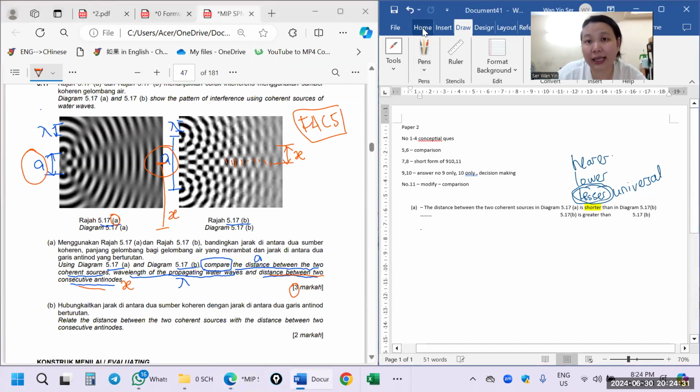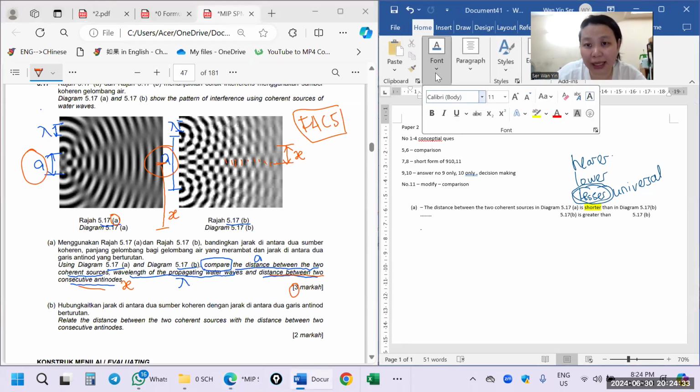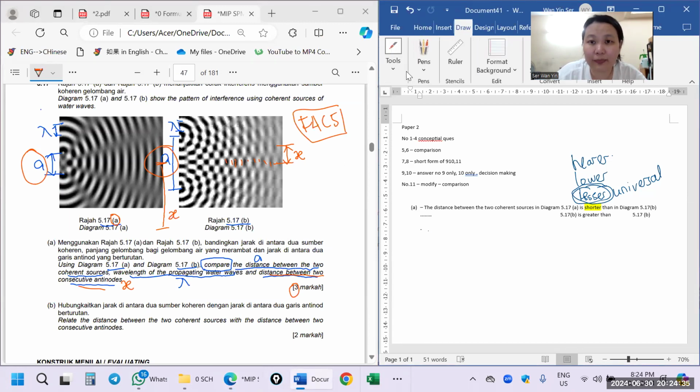I'm teaching you the format. Wavelength. Wavelength is from the bright fringe to bright fringe. This is wavelength.